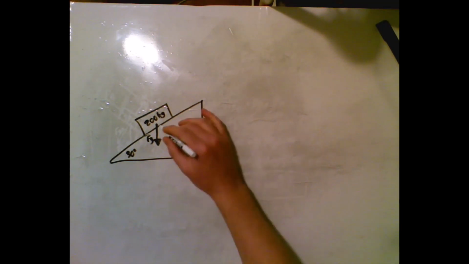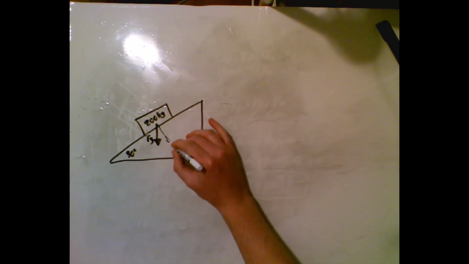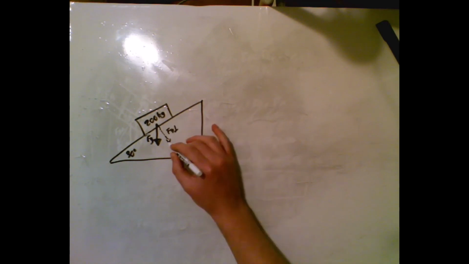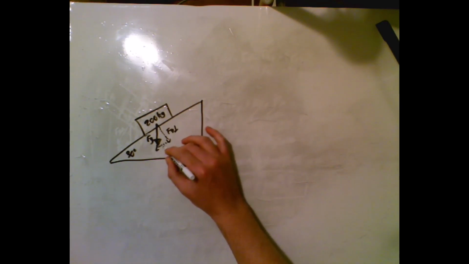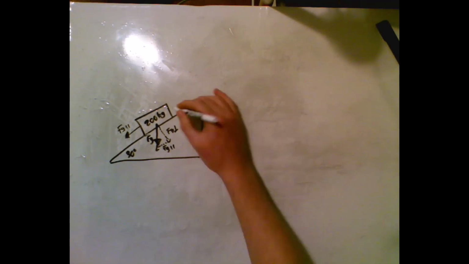Right? So we can break down this force of gravity into a perpendicular component and a parallel component, and I'll add that parallel component to my free body diagram. I'll move it up there, and it says it moves down at a constant velocity, and we want to find a coefficient of friction.